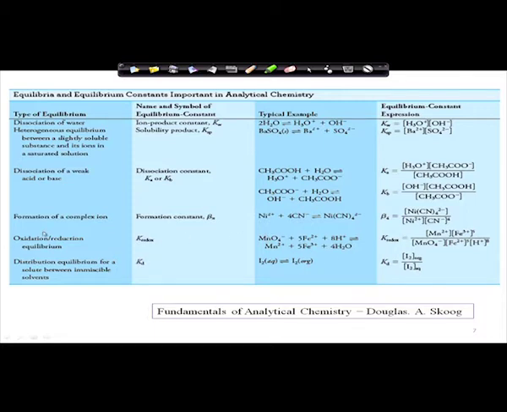Then we come to a very important thing: considering the beta values, the formation constants, how we can follow analytically a particular metal complex reaction. We consider the complexation reaction. It is a different type of reaction, not simple salt formation. That means nickel cyanide is not forming.